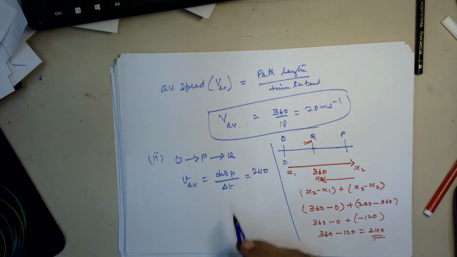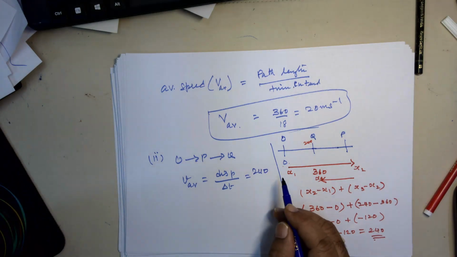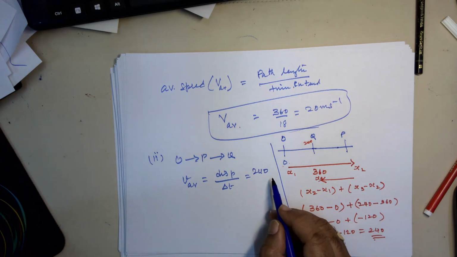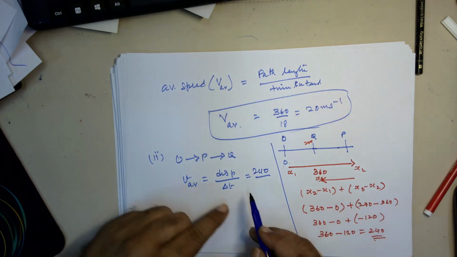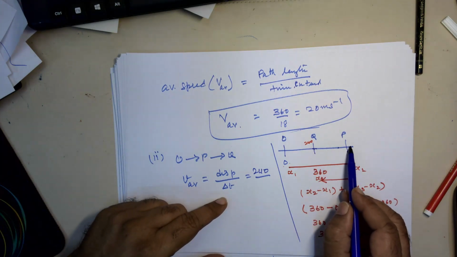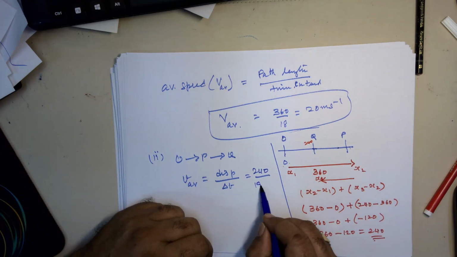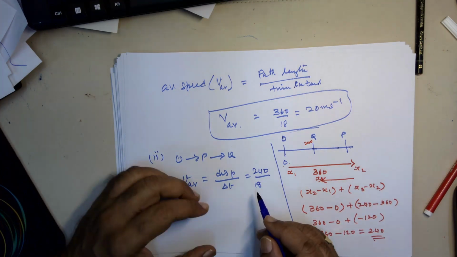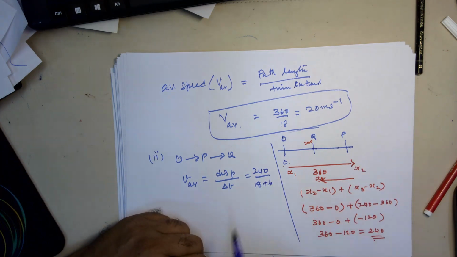Okay, so 240 divided by, what about the time? What is the time? Here, from here up to this one, O to P, it takes 18 seconds, and it comes back in 6 seconds, right?